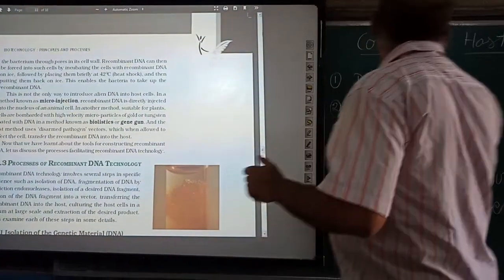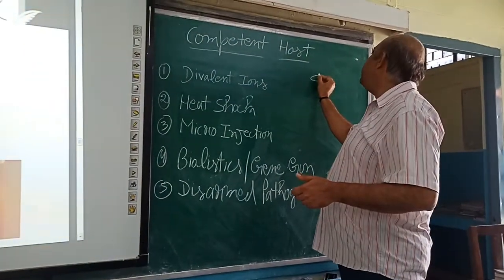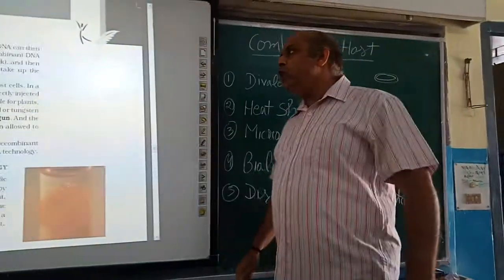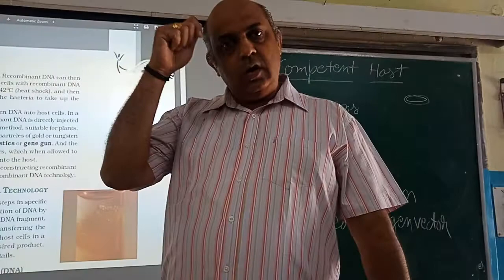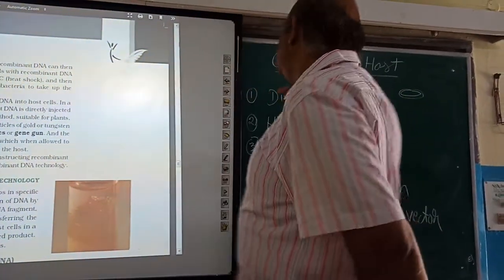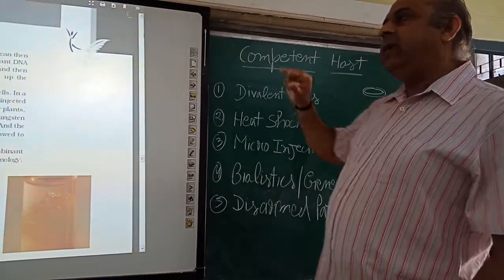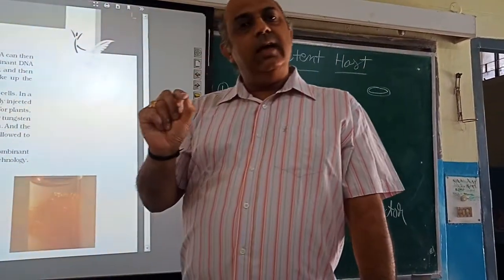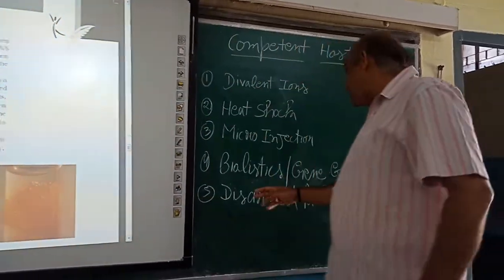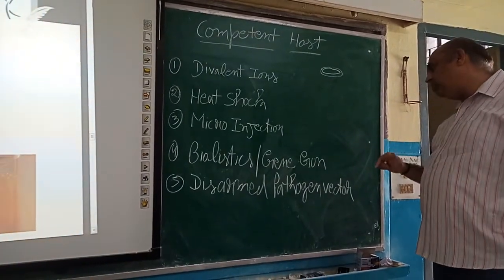We coat these pellets with the recombinant DNA, and with the help of a gun we bombard the plant tissue so that these microparticles can deliver the DNA into the nucleus of the plant cells. And the last approach is the use of disarmed pathogen vector.